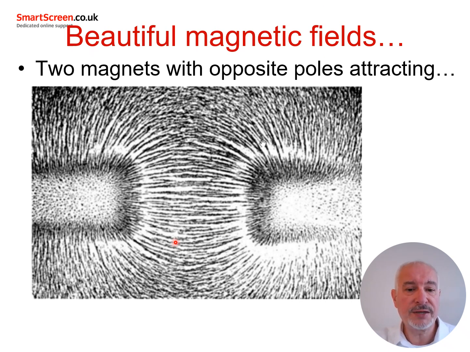We can see in the middle between the two poles the lines of the magnetic field are quite straight. So the lines of the iron filings lining up with the force of the magnetic field, quite a distinct straight line. And then as we go further outside of the central area, we see that it's much more of a rounded shape to the lines of the magnetic field.